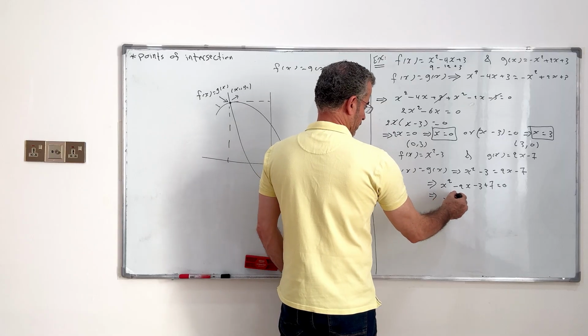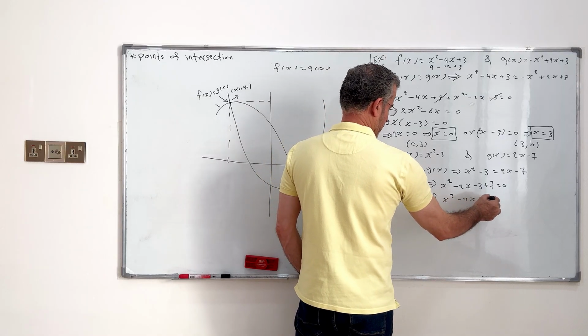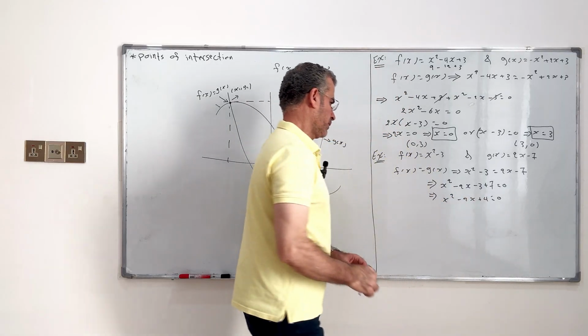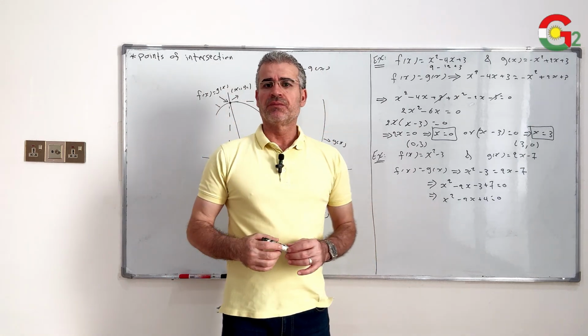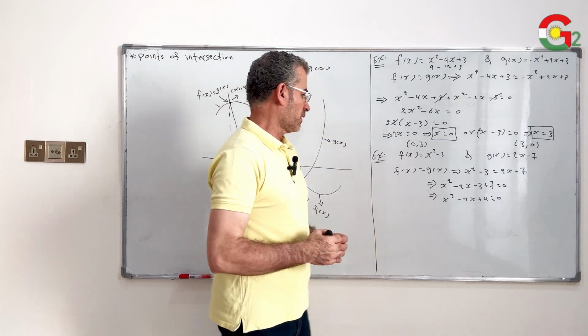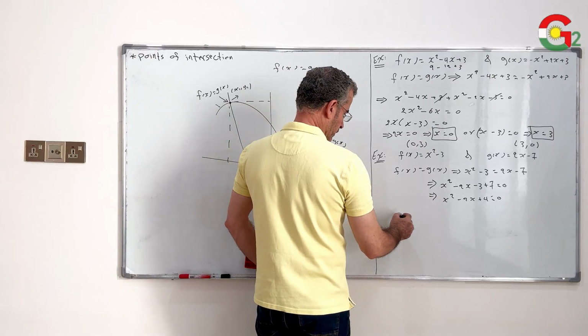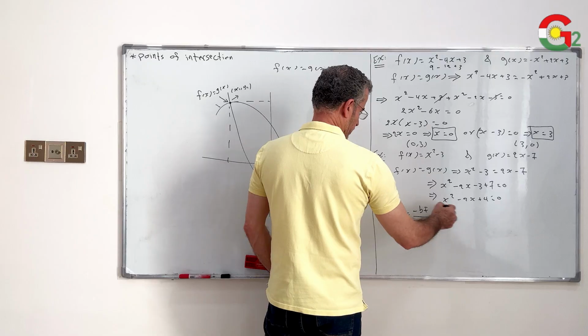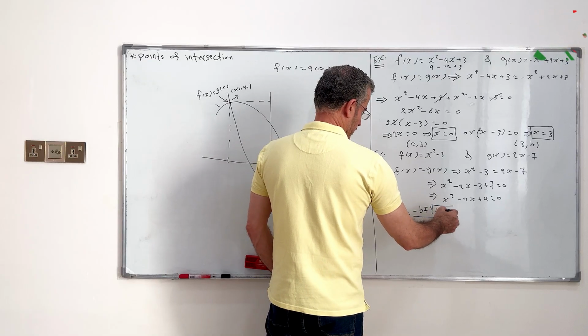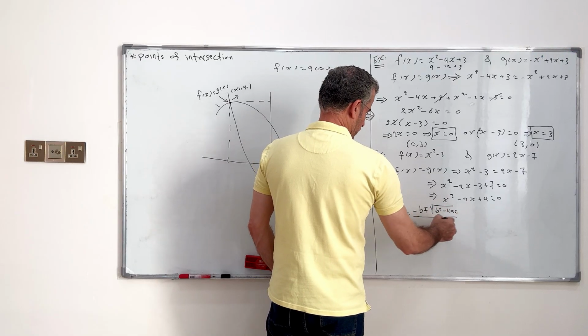Then x power 2 minus 2x plus 4 equals 0. We use the quadratic formula to solve this equation. Then x equals minus b plus or minus square root of b squared minus 4ac over 2a.